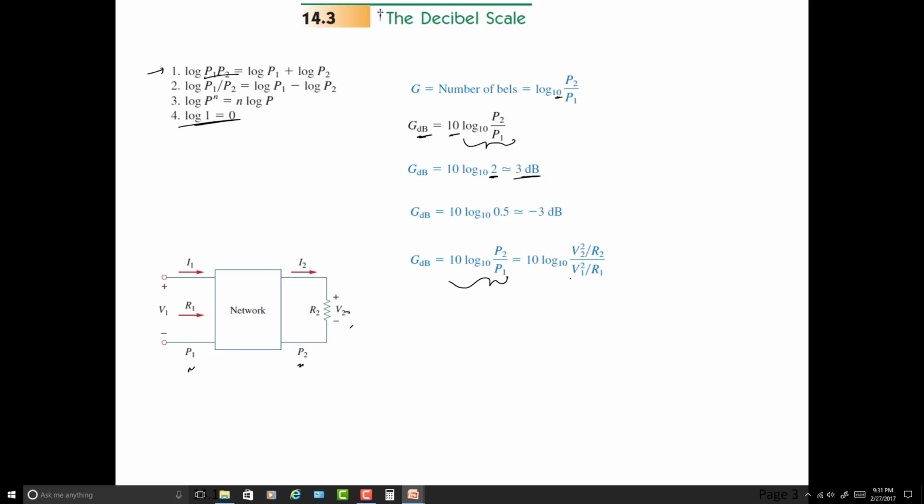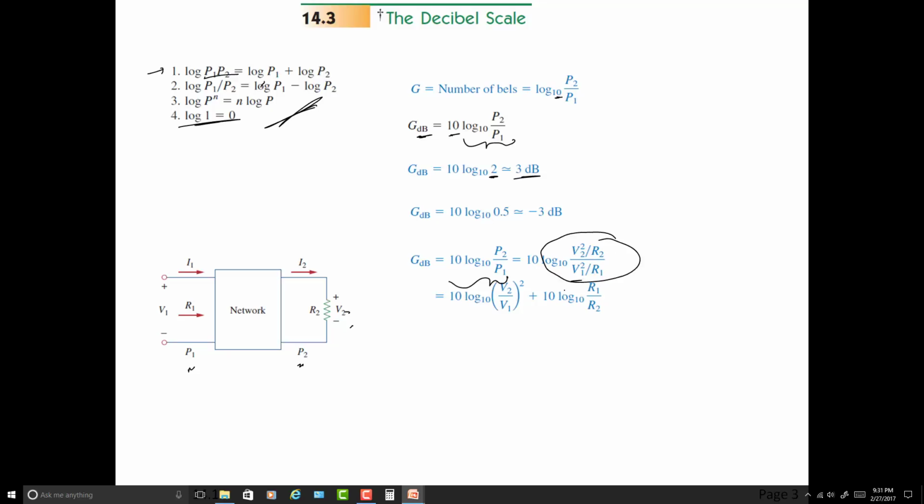But if we write that in terms of voltages, we end up with voltage squared divided by resistances, okay? And if we take that another step, we end up with voltage 2 over voltage 1 squared, right? Because all we're going to do is apply the math of these 4 rules up here to this little deal.